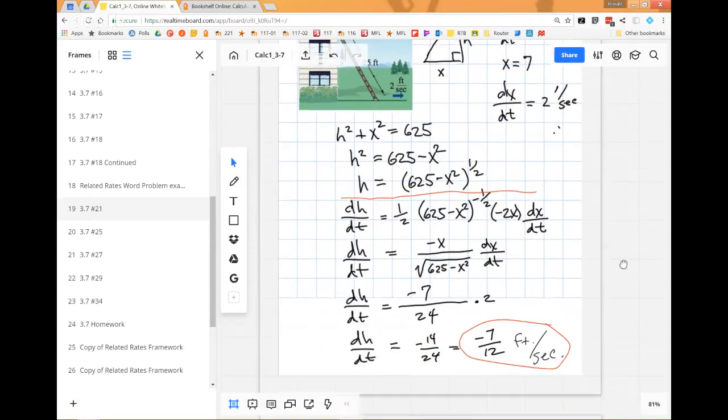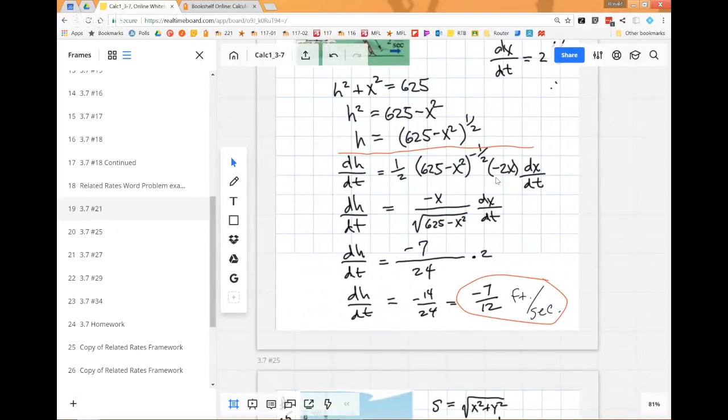Okay, so algebra: 1/2 times negative 2 is negative 1, so I get a negative on the top. And negative 2x times 1/2 is negative x. And this whole thing to the negative 1/2 power is a square root on the bottom. I turned it back into square root notation, and dx/dt is over here.